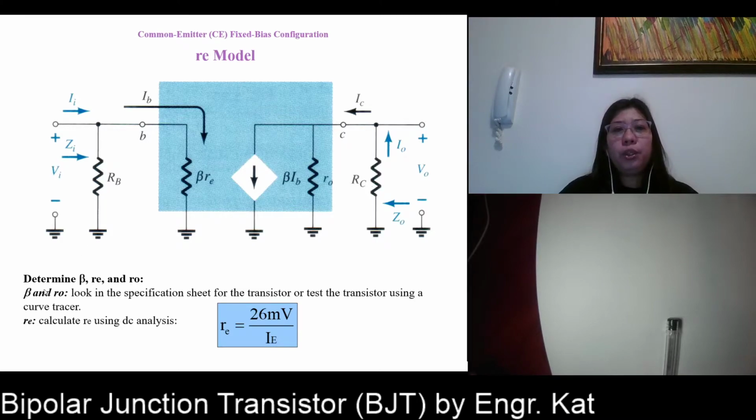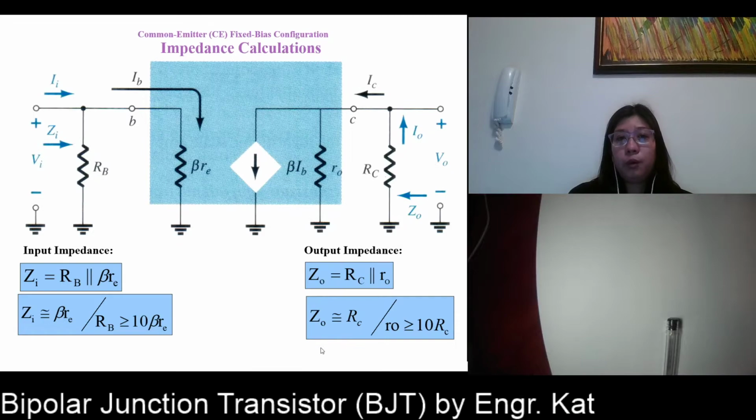So what are the steps? You still have to determine your beta, your re, and your ro. Beta and ro are usually given in the specification sheets for the transistor, or you test the transistor using a curve tracer. For re, we solve using 26 millivolts divided by IE, but we still need to calculate the value of IE using our DC analysis. So these are the different formulas that we have.